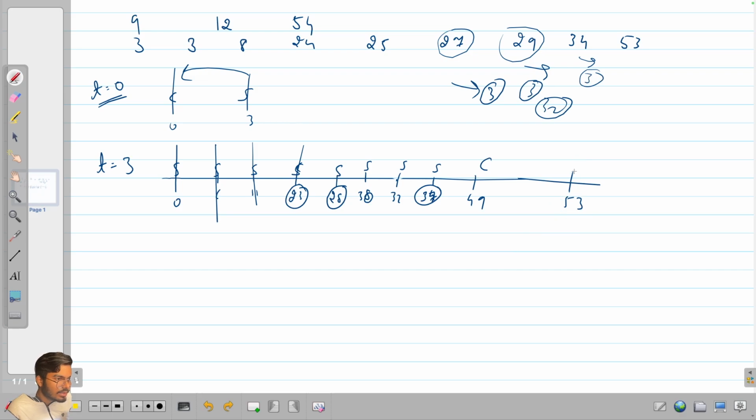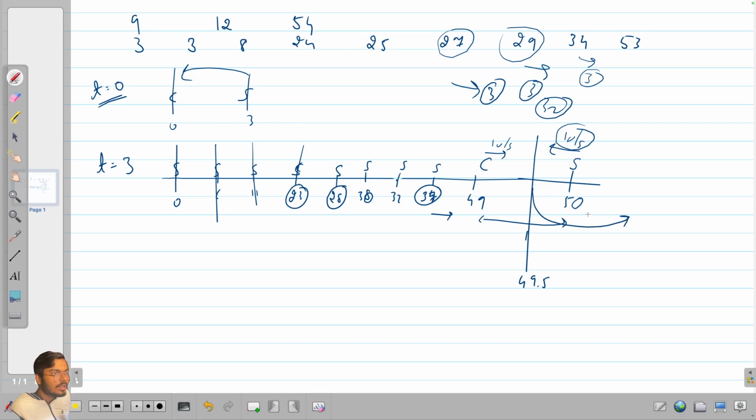So let's say this scarecrow is not at 53, it is at 50, and the distance is 1. Now this scarecrow will be pushing it to the right. So this scarecrow is moving to the right by 1 unit per second, and this scarecrow is also moving left by 1 unit per second. Okay, so these two scarecrows will meet at around the distance of 49.5, and then the scarecrow will teleport, and how much will it teleport? It will teleport by 12 units, right?